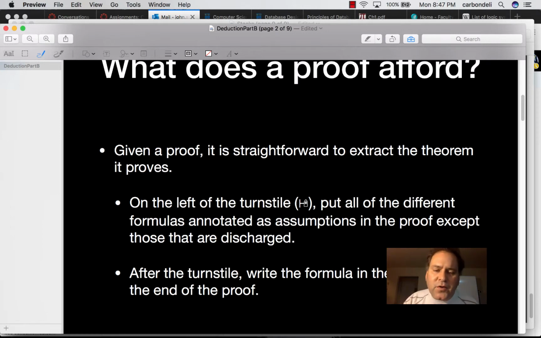So when we discharge an assumption or a hypothesis, we're essentially saying that we're no longer making the assumption that the hypothesis is true. However, we usually discharge an assumption after we've proven what we sought to prove. And so after the turnstile, we write the formula in the conclusion at the end of the proof.